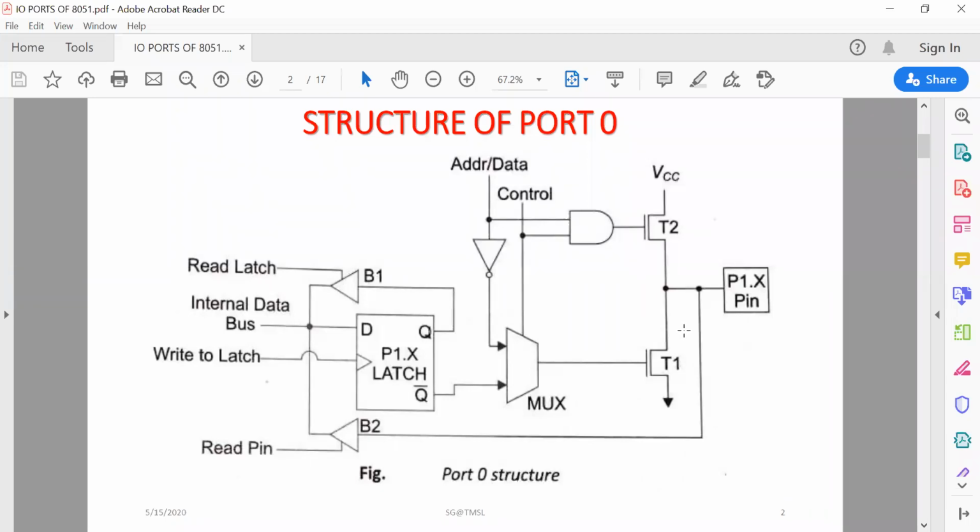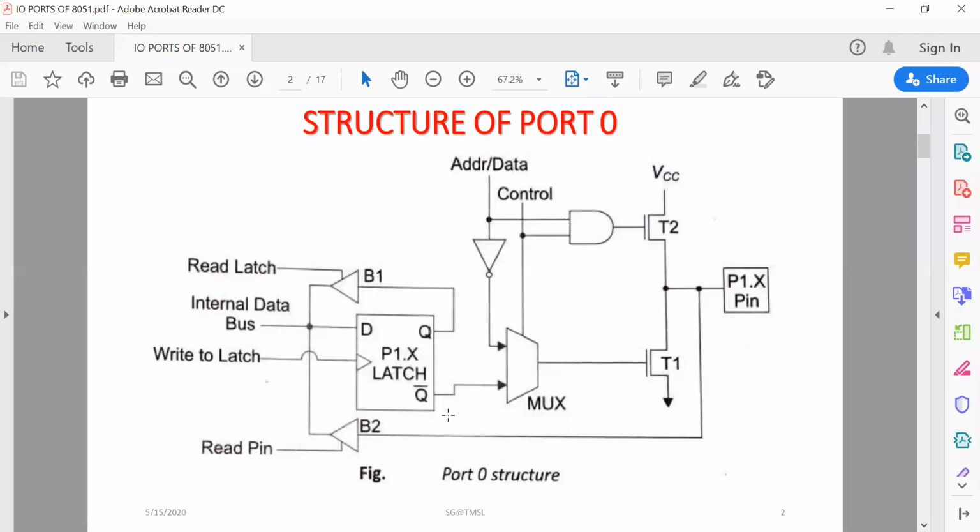Now coming to the main function, which is used as the IO function. When P0 is used as an output port, what happens? Writing 0 to this pin latch, which is a D-type latch, then Q equals 0, so Q bar is 1.